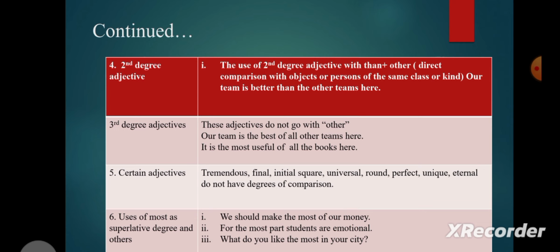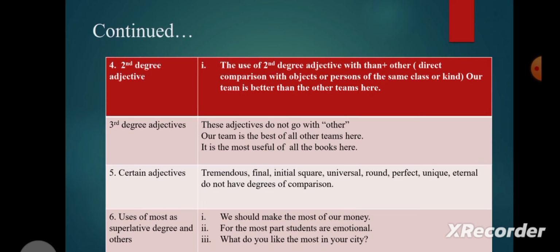The fifth rule is that certain adjectives like tremendous, final, initial, square, universal, round, perfect, unique, and eternal don't have degrees of comparison with them. And as we have talked about, adjectives like superior, inferior, senior are used in the second degree comparison.